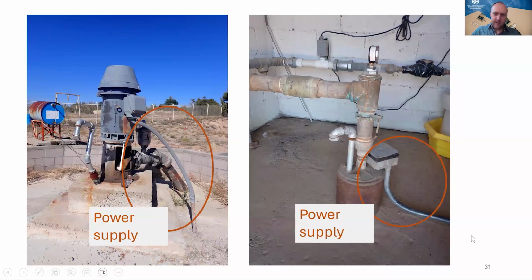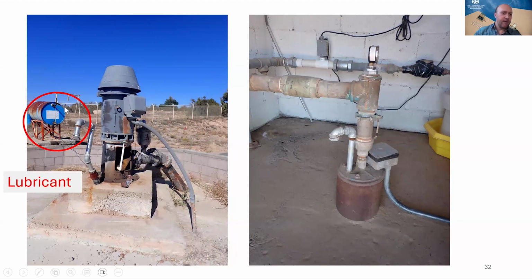Of course, there's a power supply for both of these. The one on the left is going up to the motor right here. And then this one, like I mentioned, is going just through this box and then down into the well. And then for this pump, because there's this shaft that is going all the way down the well, there's actually lubricant that is lubricating that shaft as it goes down the well.